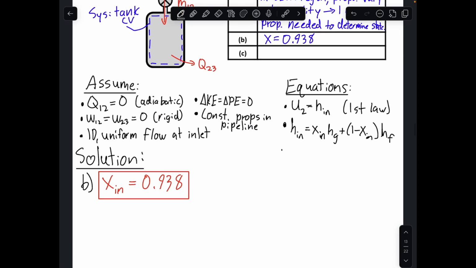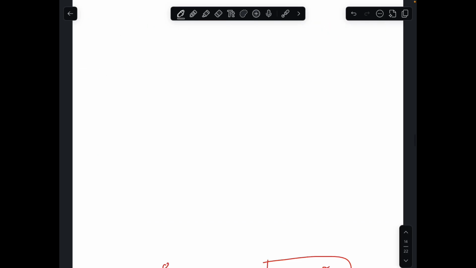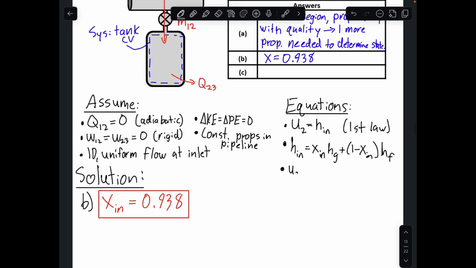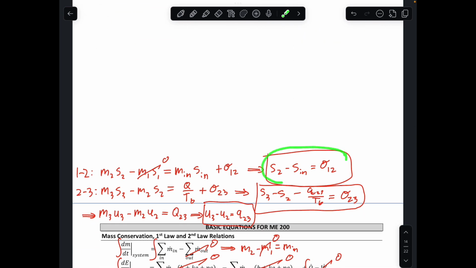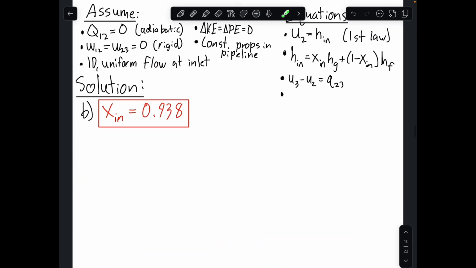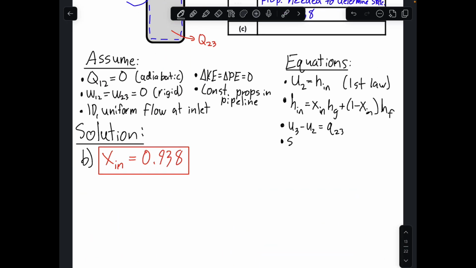So we get u3 minus u2 should be equal to our q from 2 to 3. And then we get s2 minus s1 should be equal to our sigma from 1 to 2.